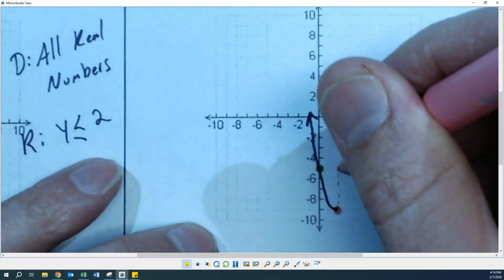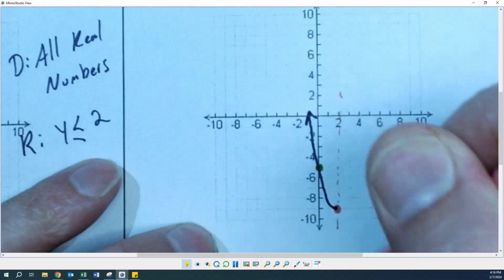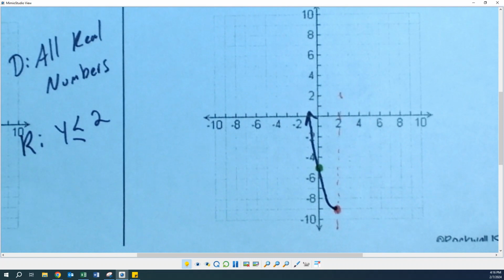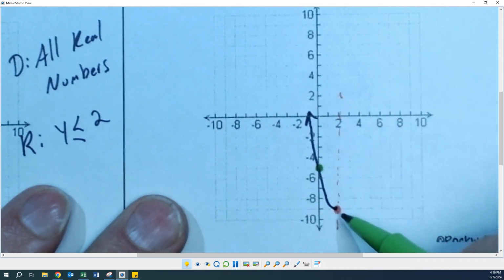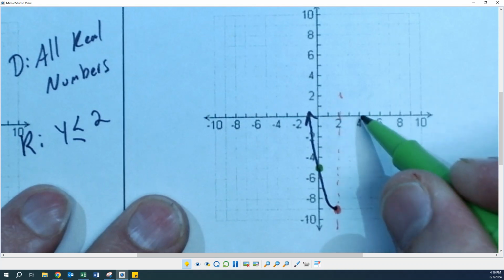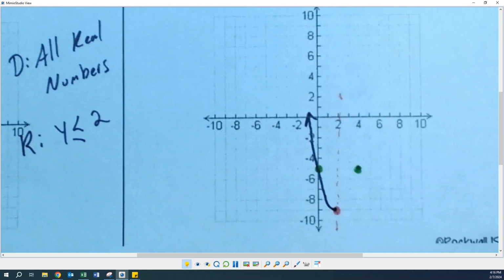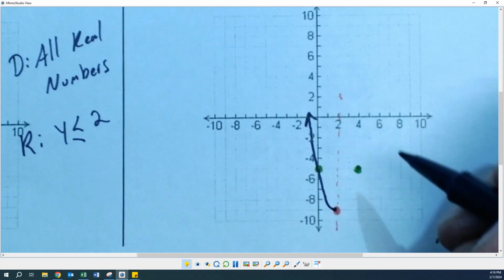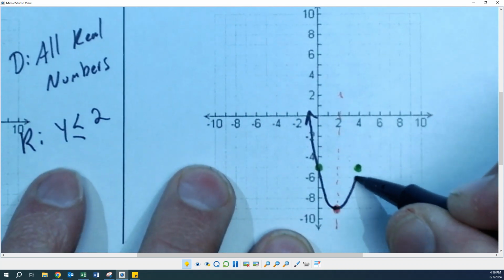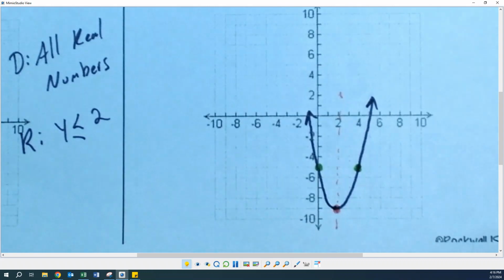Remember, there is an axis of symmetry that runs right here. So this point's going to have a friend on the other side. It's going to be at (4, -5). And that's going to go up.